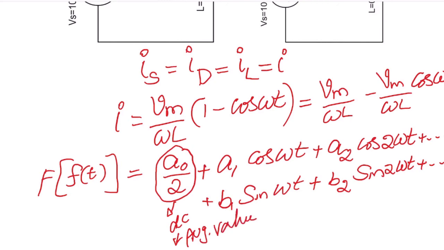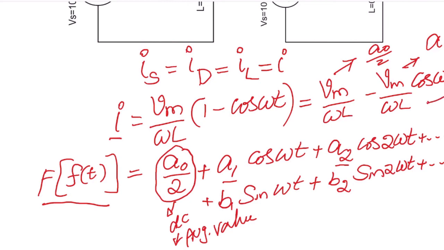Now, if you compare the Fourier series of f of t with the I equation, this is nothing but a naught by 2, and this is a1. What about a2? The cos 2 omega t coefficient is not there in this equation.